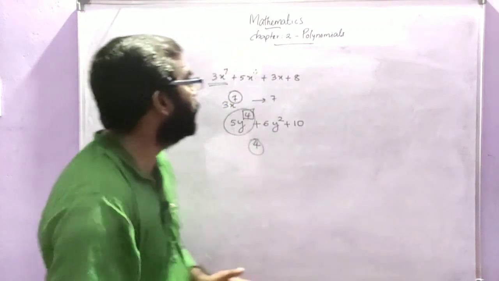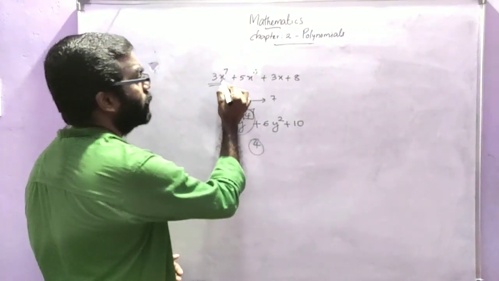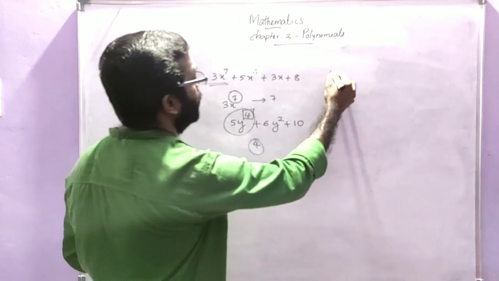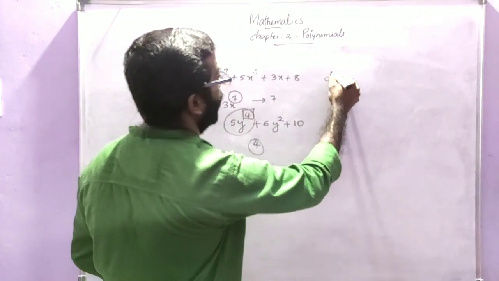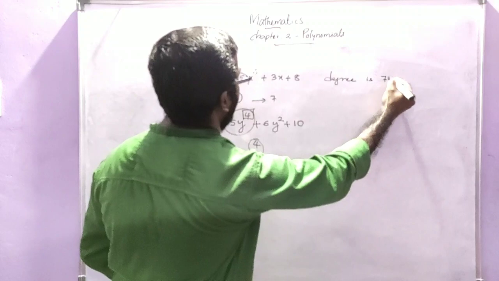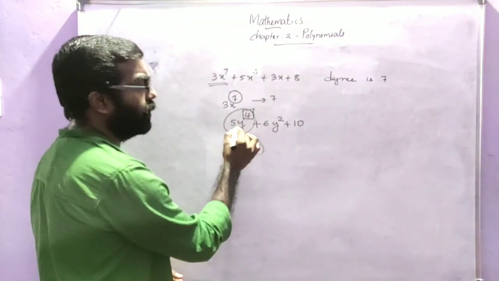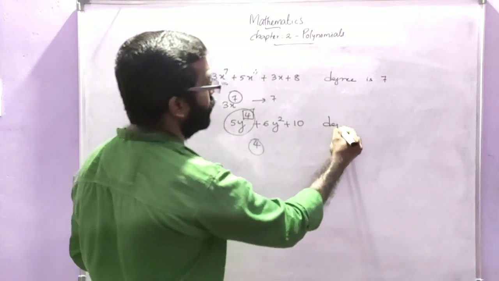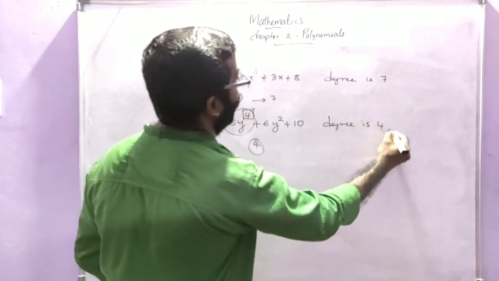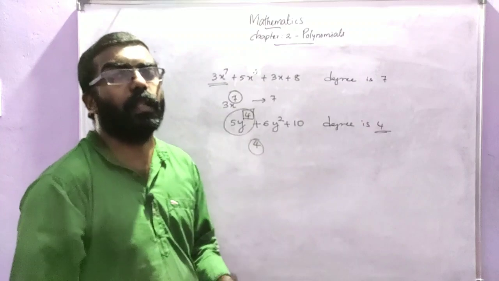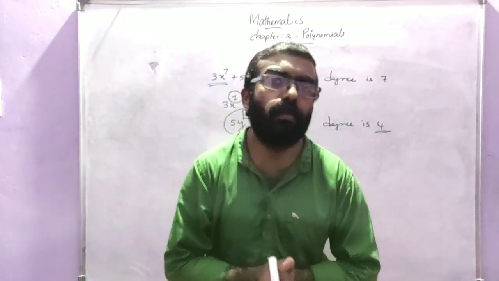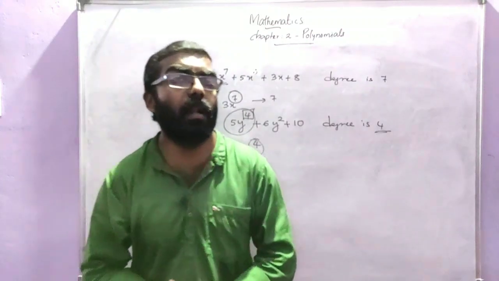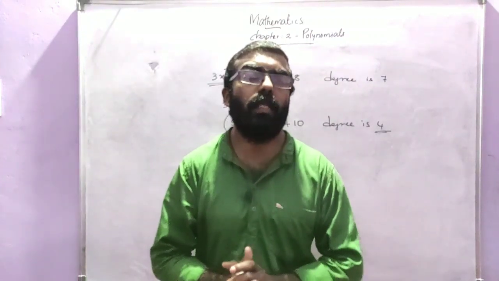So the degree of the polynomial 3x raised to 7 plus 5x raised to 6 plus 3x plus 8 is 7. And the degree of the polynomial 5y raised to 4 plus 6y square plus 10 is 4. Okay. That means the degree of the polynomial, we mean the highest power of the variable in the polynomial. Is that clear?